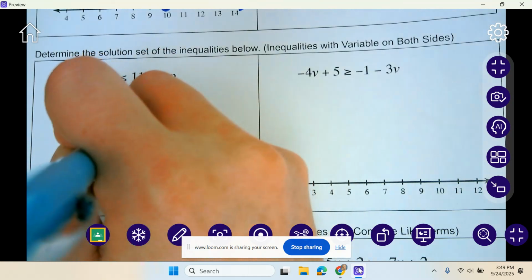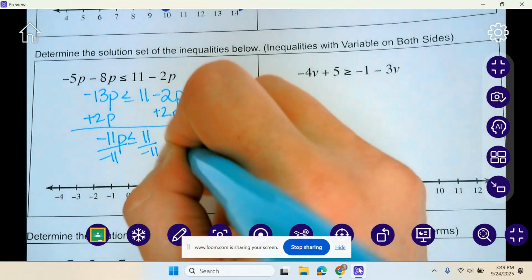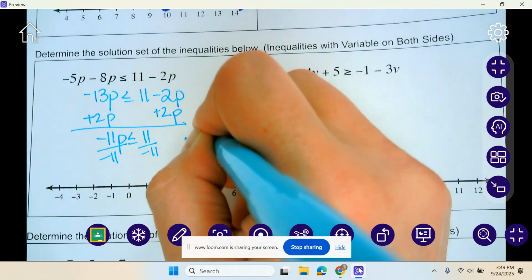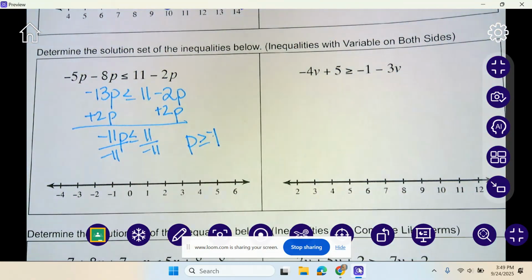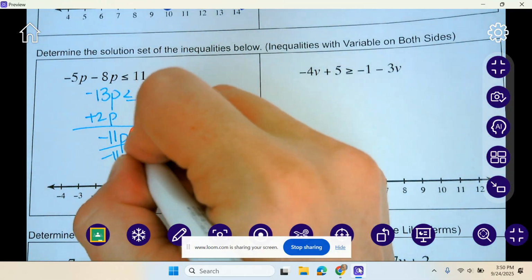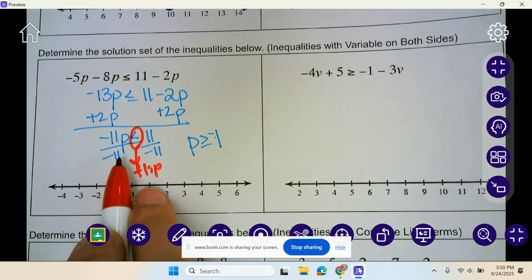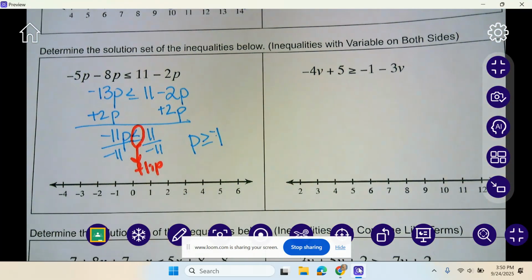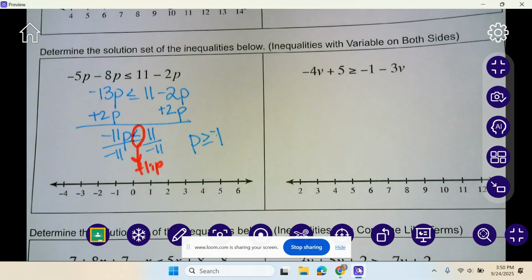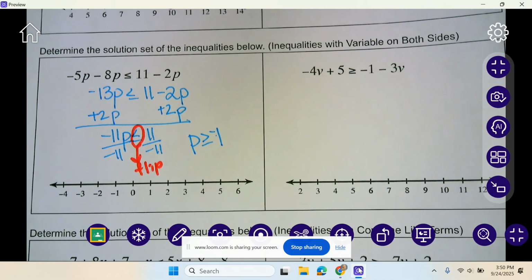Divide by negative 11, and p is greater than or equal to negative 1. The reason is this flips because we're dividing by negative 11. If the number in front of your variable is negative, when you divide, that's when you flip.